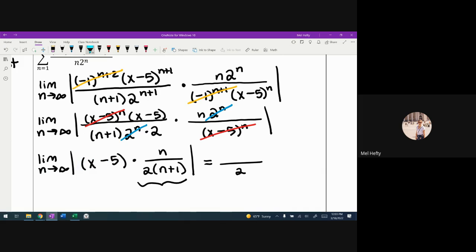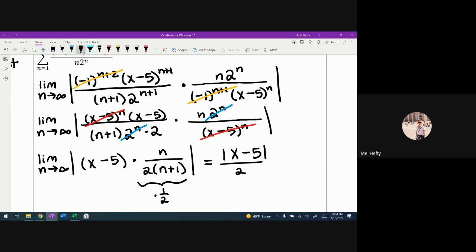And the limit of constants is just themselves. So every time with this limit, we have to keep the absolute value bars, but we're going to be left with the x minus 5 or whatever our thing is. All right, the n goes away because for this one, this limit is 1/2 because of the limit, and then the x minus 5 has to stay.